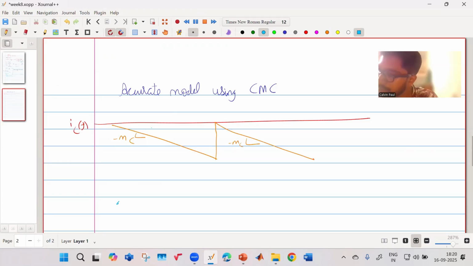You have your current going up, coming down. This is your slope M1, and this is your slope minus M2. These slopes are also very important. You need to know what the slope is for a buck converter and for a boost converter. If you have any doubts regarding that, you can ask me as well.